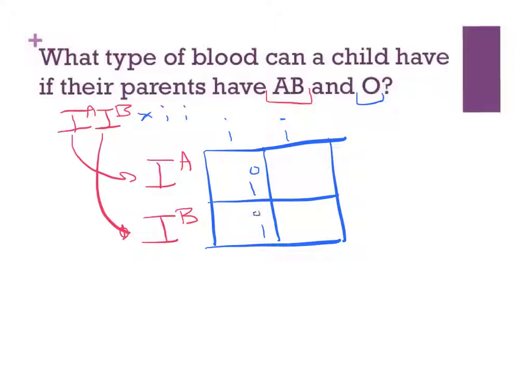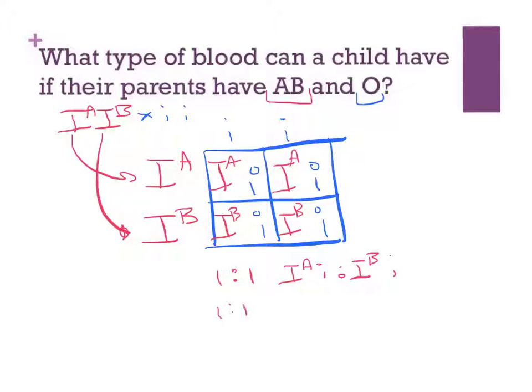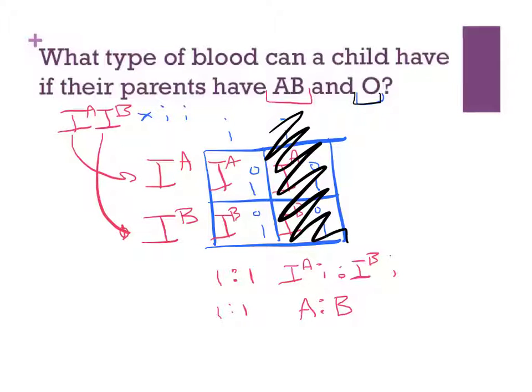We can put the i in each corner there, and then we pass on these traits from the other parent, and you can see our genotypic ratio is 1:1 with the A blood type to the B blood type, and our phenotypic ratio is also 1:1, type A to type B. Now remember, this is one of those cases again where if you wanted to do your simple little trick, because you know that both the alleles from the O blood type are recessive, you really didn't have to put that box there, and you still get the same genotypic and phenotypic ratios. So that's the shortcut if you wanted to take it.